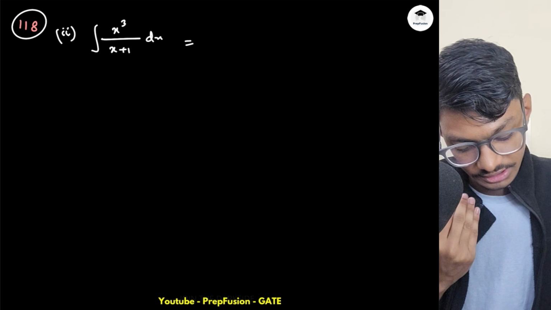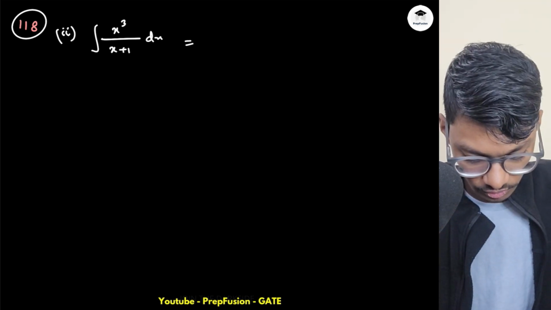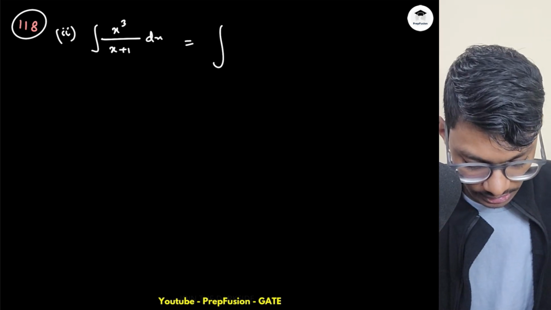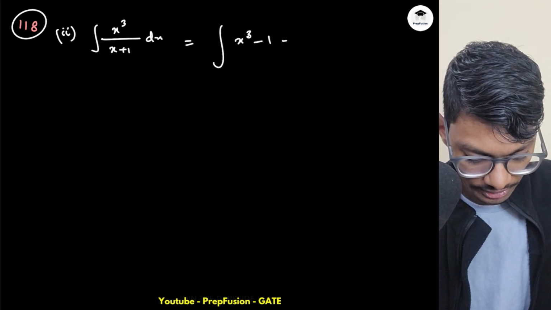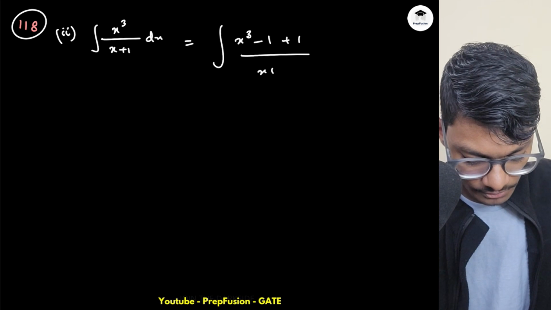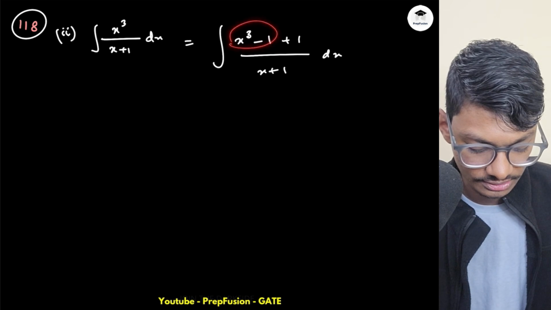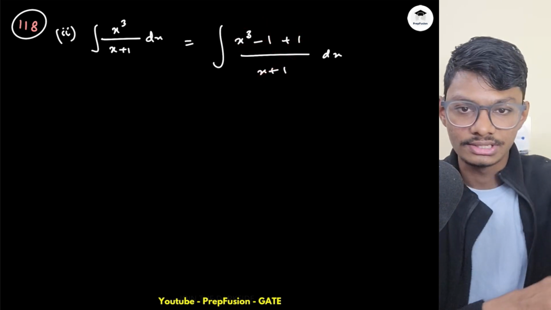Either you use the long division method, or if you are in better practice, you can observe that if I write x cube minus 1 plus 1 over x plus 1 dx, this can make a factor, and 1 upon x plus 1 I can easily integrate.